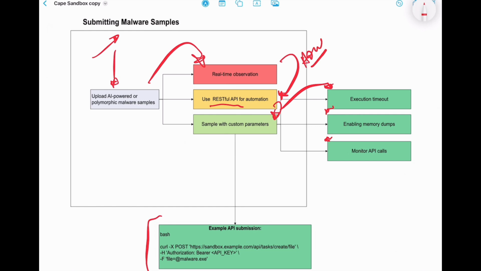An example of API submission would be here. You would have bash, and then the first line would authorize the second, the bearer key. That's the simple code that you will need to run to upload the polymorphic malware with the API submission.